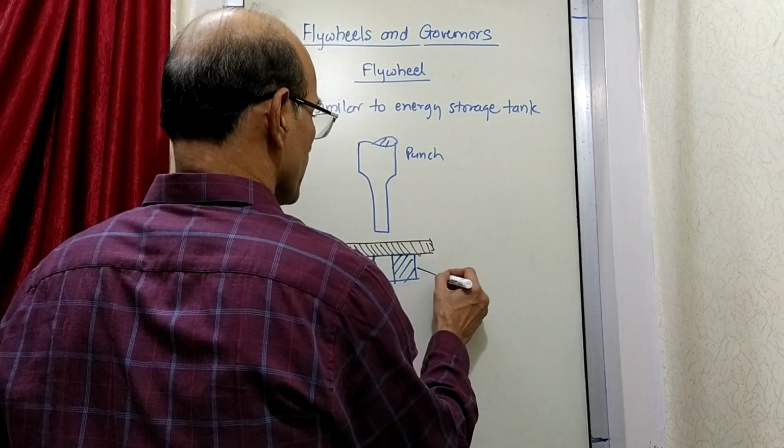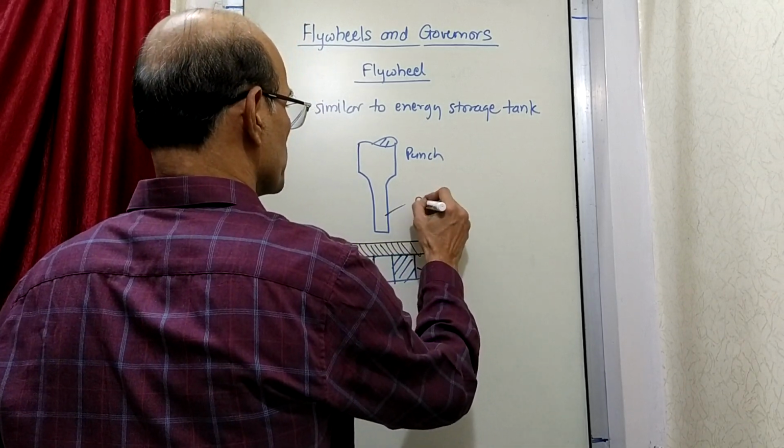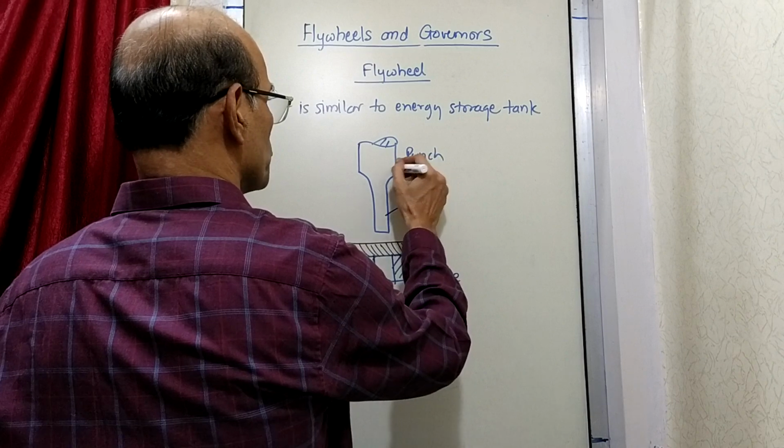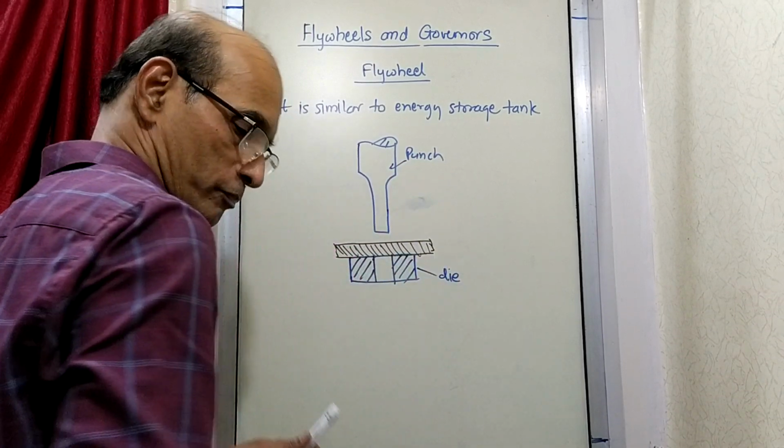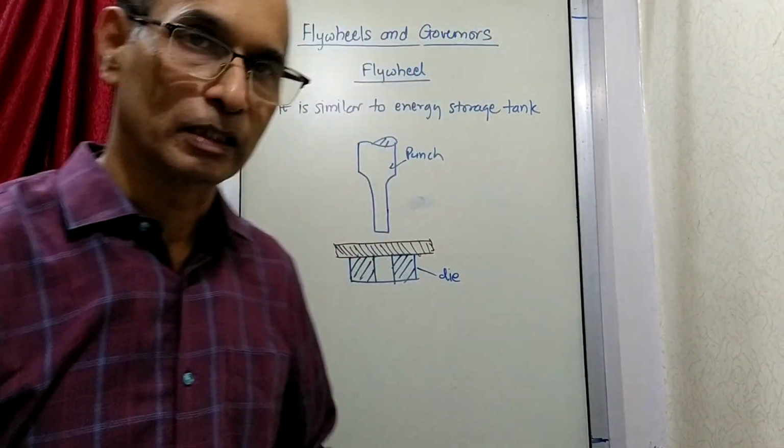So you can say that is a die and it is a punch. I will show you a punch. Now how does this punch and die work?